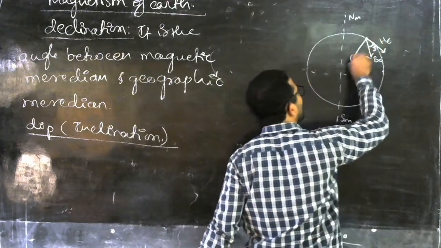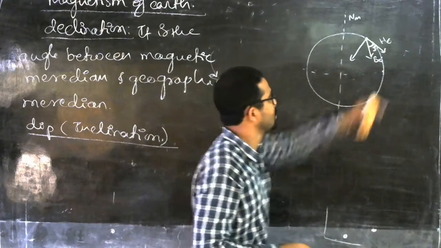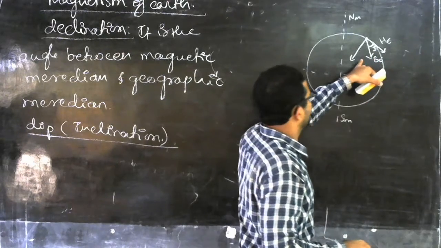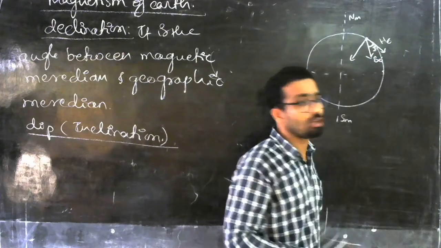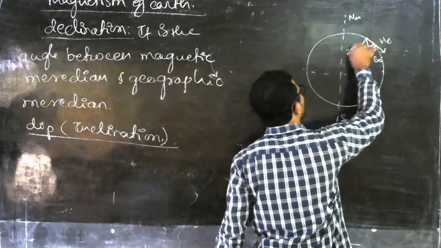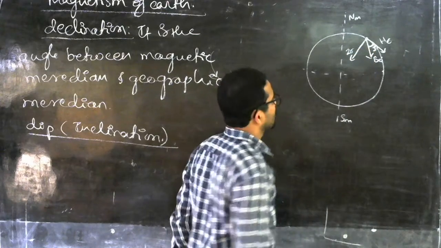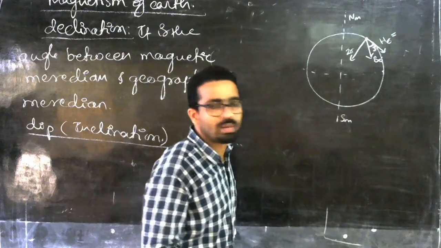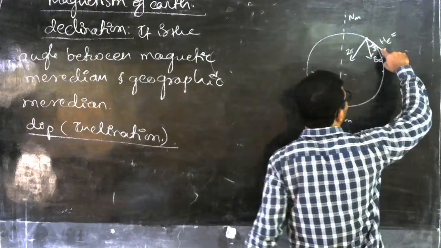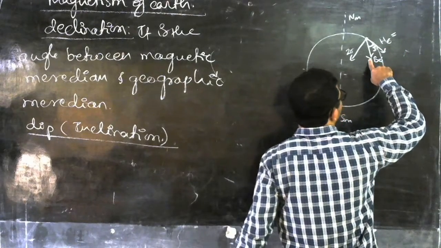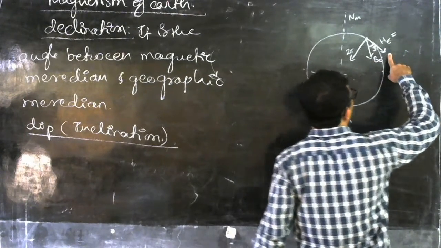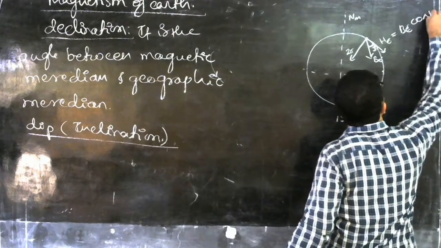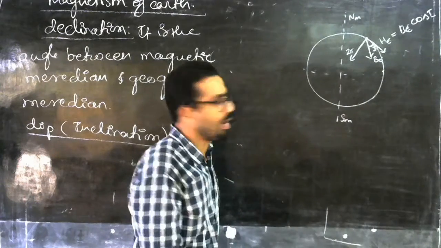This is the vertical component I draw there. Since it is at an angle I, I can write the vertical and horizontal components. This is ZE, the vertical component. If this is I, then with the help of trigonometry, HE is the adjacent side over the hypotenuse, so HE is equal to BE cos I. This is the value of the horizontal component.